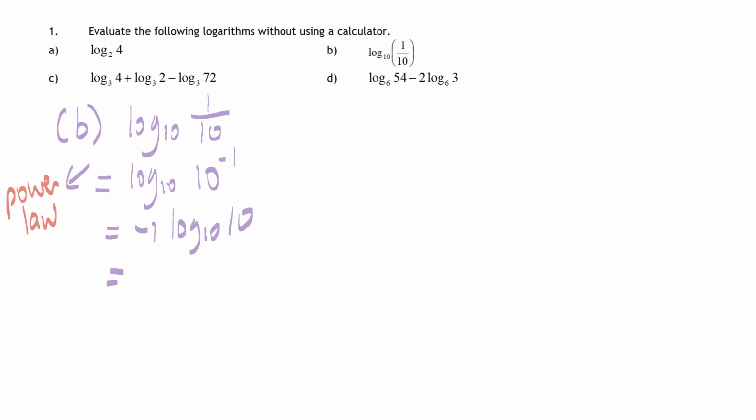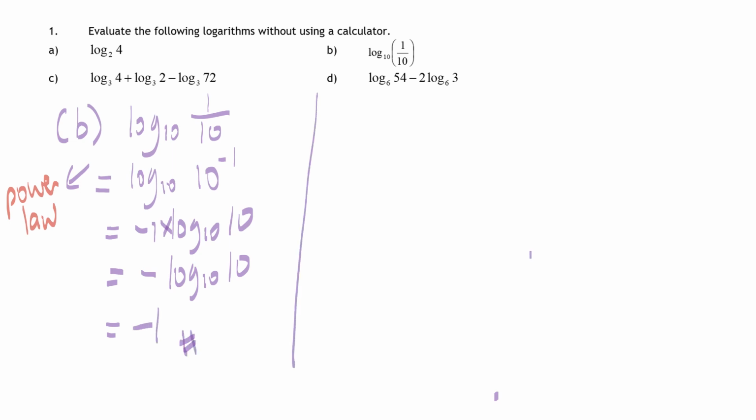Negative 1 times log base 10 of 10 is just negative log base 10 of 10. If you want to write negative 1, it would be good to put the multiplication sign there, because the letter L looks a bit like 1, so it looks like negative 1, 1, which looks strange. If not, it's just negative log 10 base 10. So log 10 base 10 is 1, so you get negative 1. That's the first way.